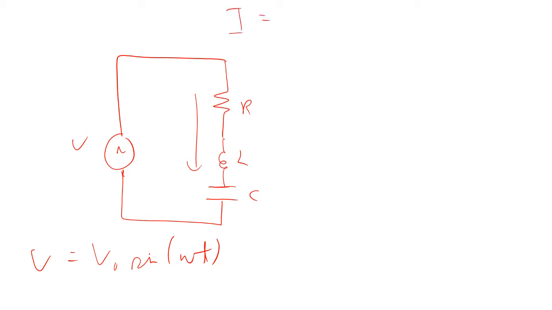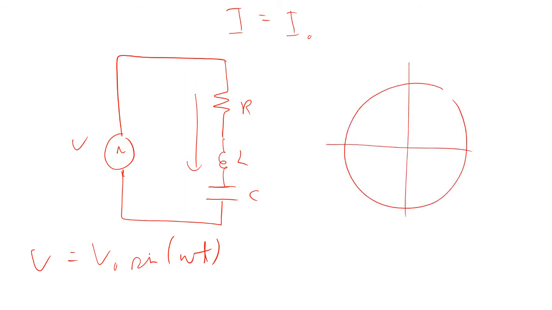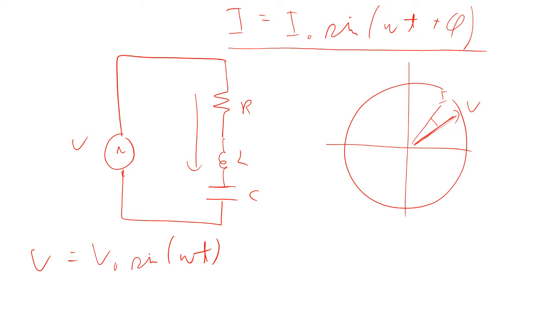The current is actually out of phase with that. Remember our phasor diagram. If we draw a phasor diagram here, then we've got the voltage and then the current that's out of phase. So the current is actually going to be equal to some I0 sine omega t plus a phase factor. And so the current is now going to be out of phase with it.